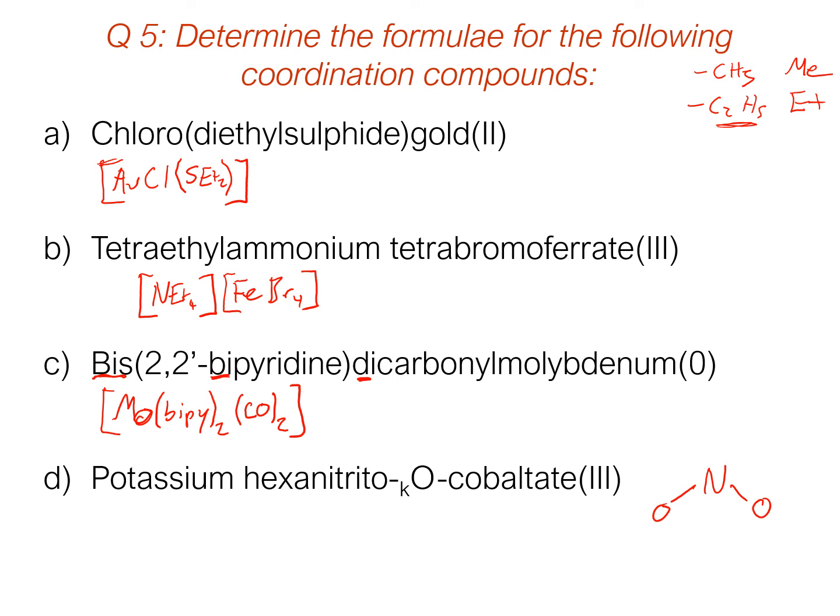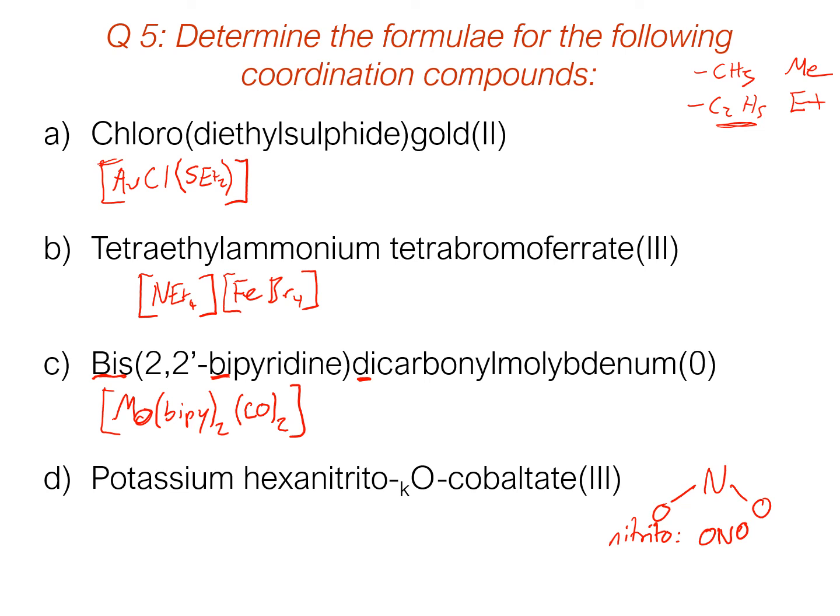So this is reflected in the naming and the formula as well. If in the example we've got here, it's nitrito, this means that the oxygen is the donor atom, and we reflect that in the formula by putting ONO. It's almost showing how the oxygen is the thing touching the metal, so we put the O first.